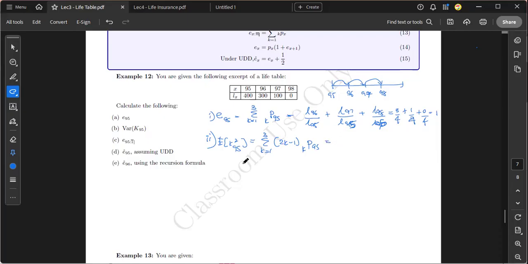When k is 1, this is 1 times the probability from 95 to 96. That means L96 divided by L95. And when it's 2, it's 4 minus 1, that means 3 times the probability from 95 to 97. So L97 over L95.